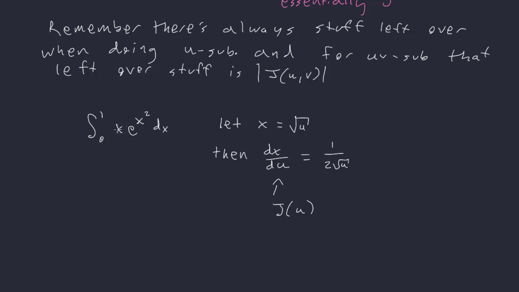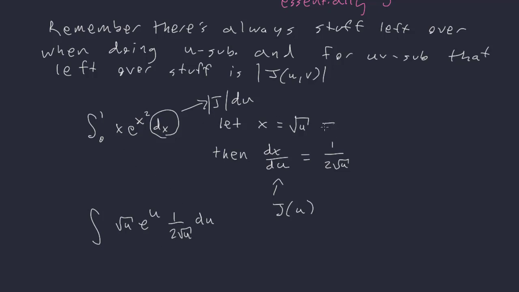If we were to plug this in now, the x would become square root u. X squared would become u. The dx would become the absolute value of j du. Well, here the j is this 1 over 2 root u du.